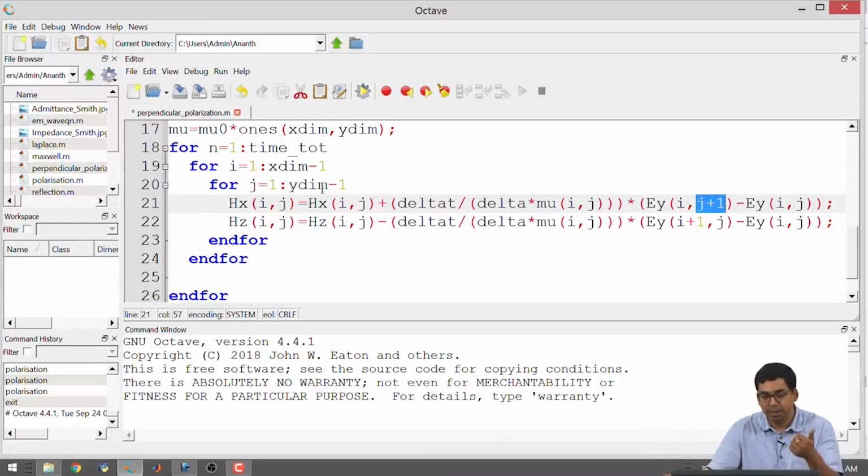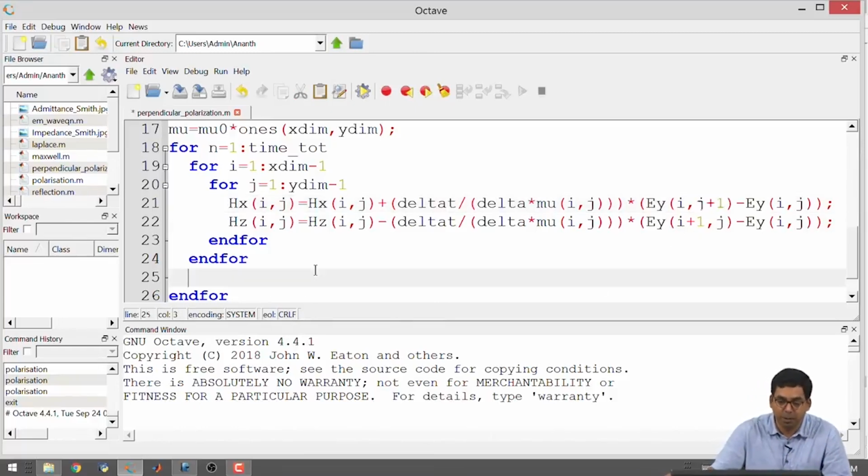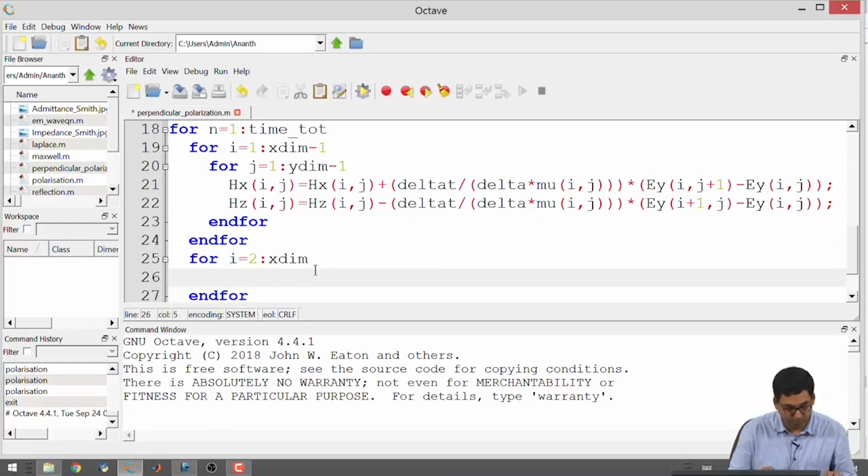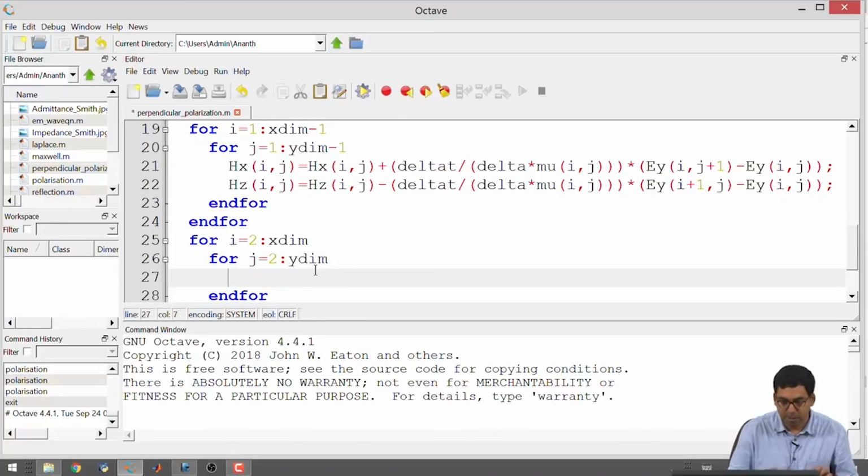But in the other part we will be having a j minus 1 or i minus 1, so you do not want to go out of bounds. So, you need to write another loop. I will have for i equal to 2 to x dim, for j equal to 2 to y dim, and then I will write down an update equation for Ey.